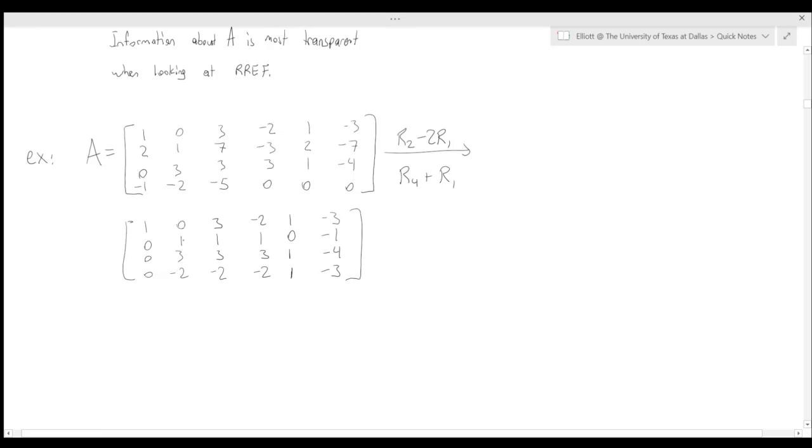But if I didn't have a 0, then I would need to perform a row operation to eliminate whatever was above it, okay? But in this case, I just need to do row 3 minus 3 row 2, and row 4 plus 2 row 2 to eliminate these two entries.